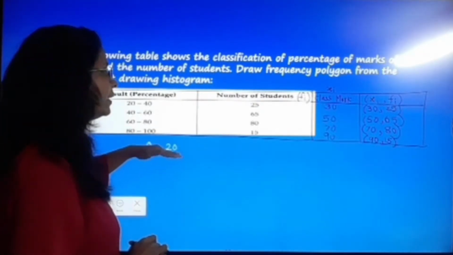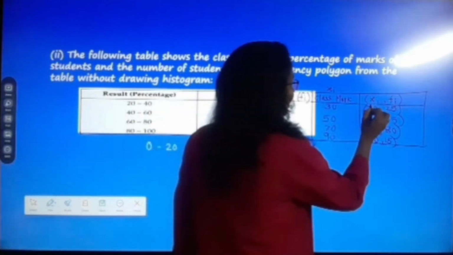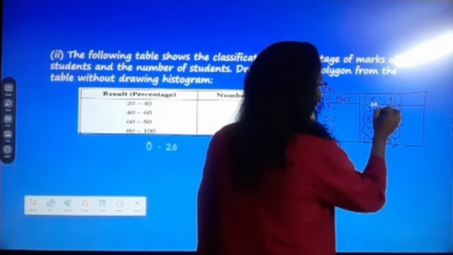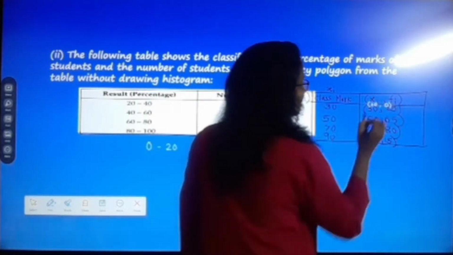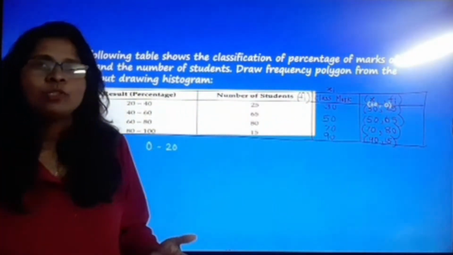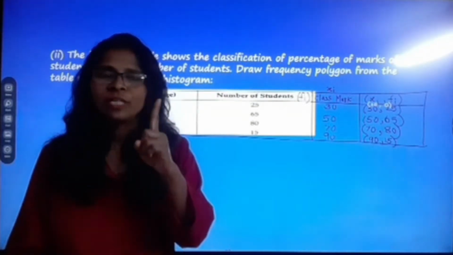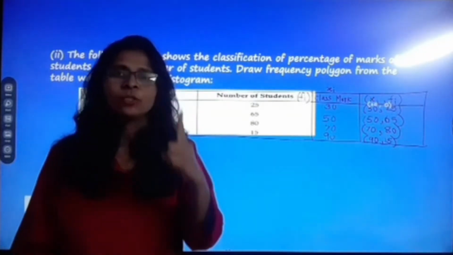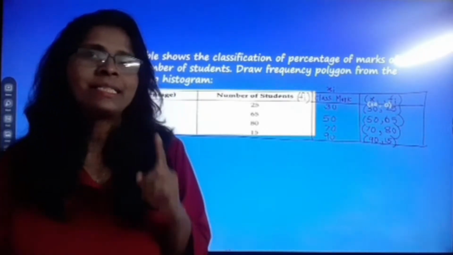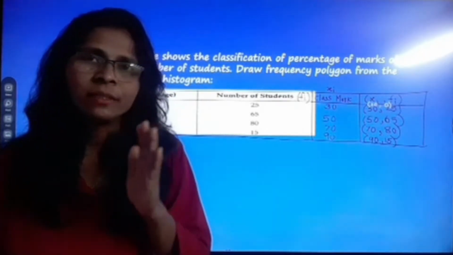In between is 10, so the class mark will be 10. Frequency is not given, so it is 0. So the first coordinate of xi fi is 10, 0.